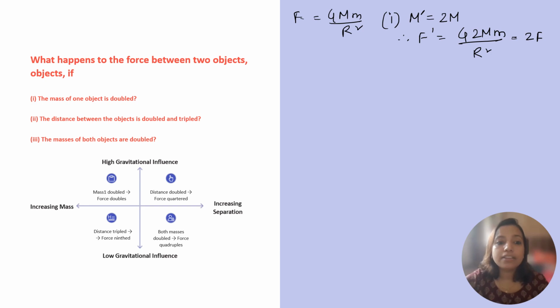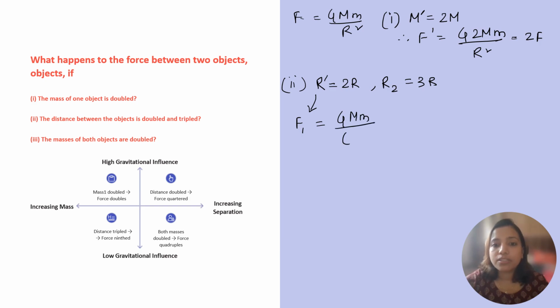Next is when the distance between the objects is doubled and tripled. Let's say that now r dashed is 2r, and let's say r2 is 3r. First we use this r dashed. So F1 is equal to G M m divided by, this time not r square, but r dashed square.